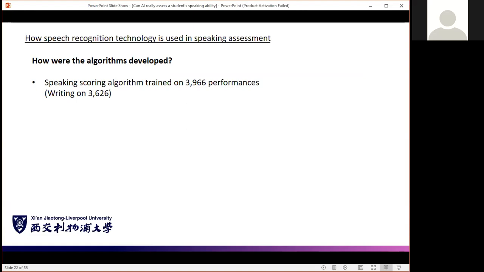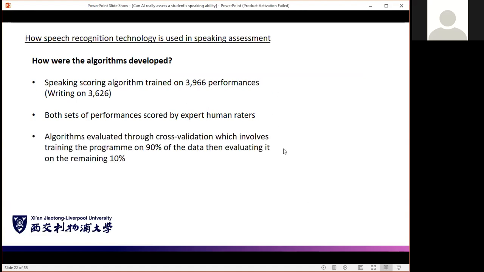What are the characteristics of slightly below high level, mid, low mid, and a low level? So they used almost 4,000 pilot performances, spoken and writing also about 4,000. And then they got expert human raters to score all of the performances, speech and written.